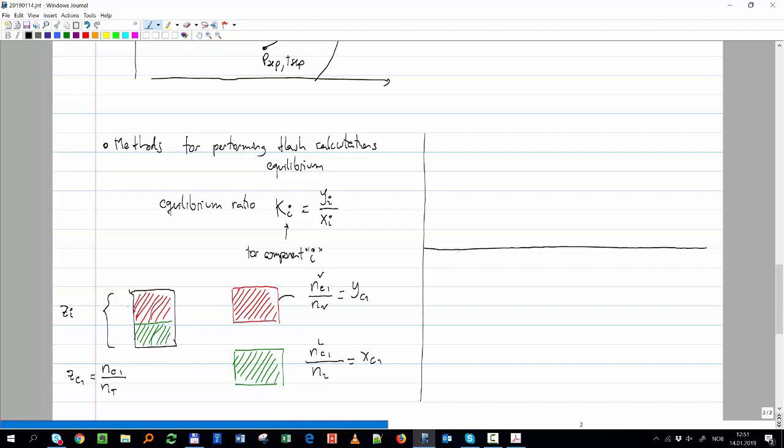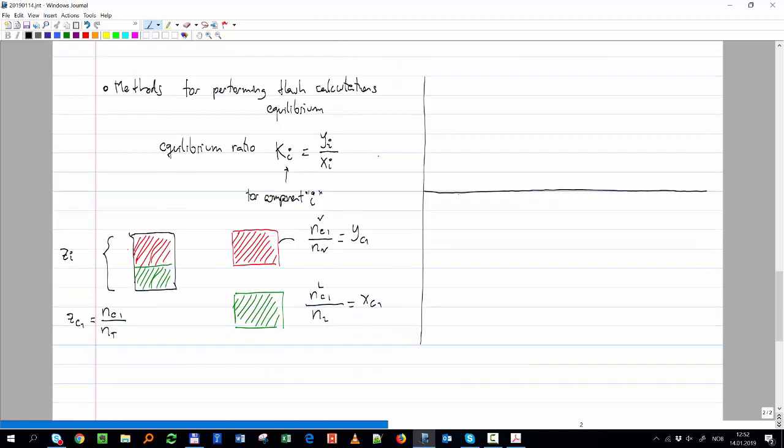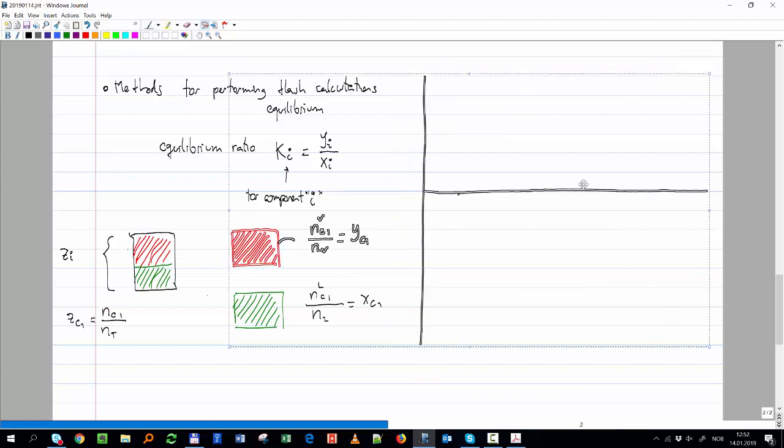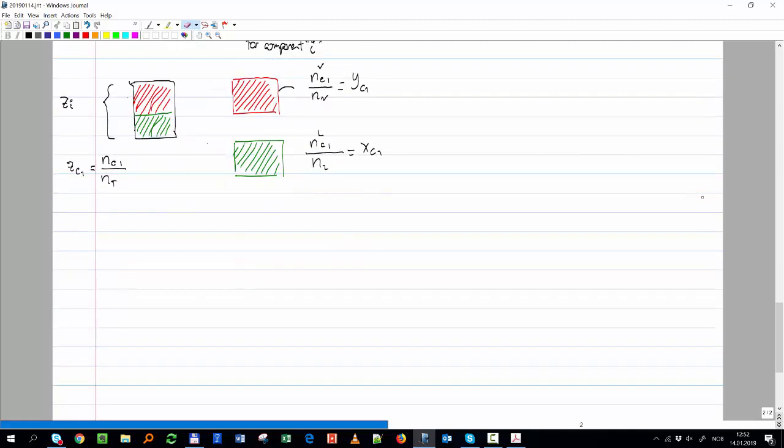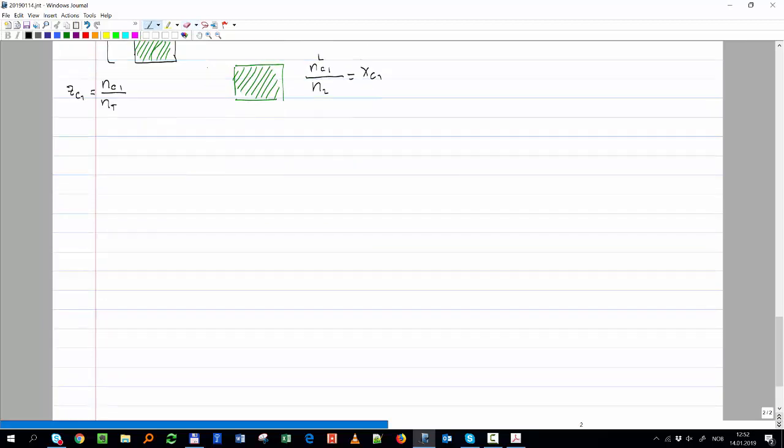They found this ratio between the two fractions for one component, and they did a plot of that. We have space, so let's make it below.